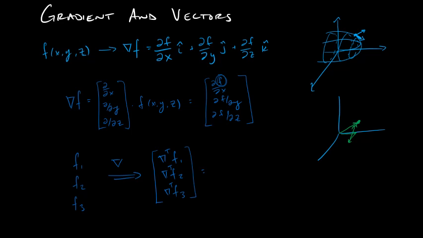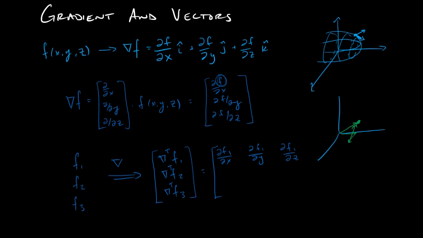And so it might seem a little complicated, but basically what we're doing is we're just taking the derivative of each one of these functions with respect to each one of the variables, and we're laying them out in a matrix. And so the matrix that might come out of this looks like this. df1, i.e. the derivative of function 1 with respect to x, and then the next element would be df1 dy, and then the third element would be df1 dz.